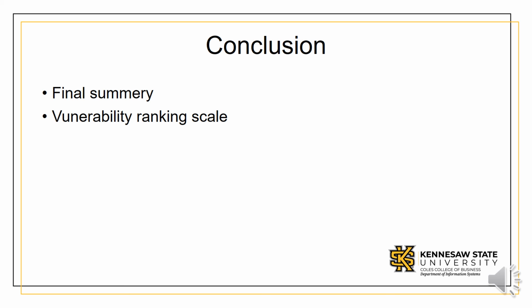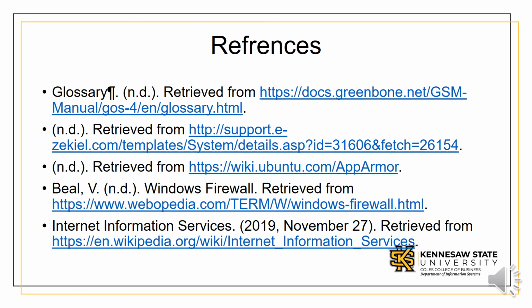From these numbers, they're categorized into classes: none, low, medium, and high. These classes are subranges of the main number range. NVD classification is the most commonly used classification, and it is the default classification used here in the Greenbone scan. And here are my references.